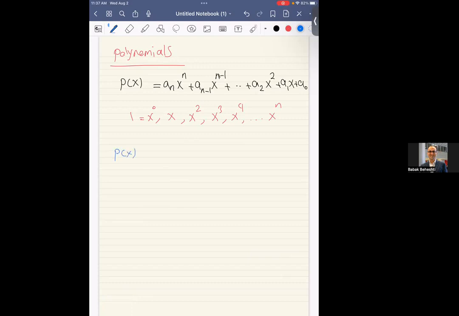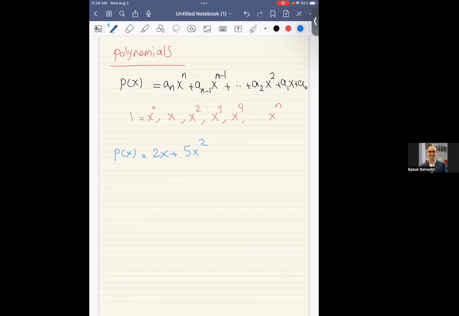So for example, I choose 2x plus 5x squared. So I combine different powers of x with different coefficients. So these 2 and 5 are called the coefficients of this polynomial, because these are the coefficients of x and x squared.